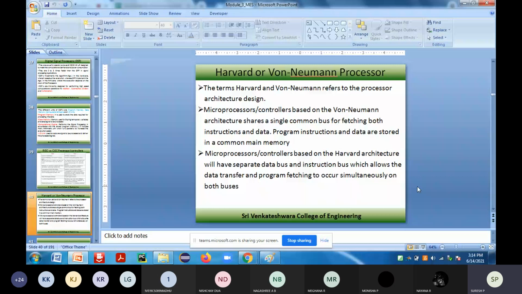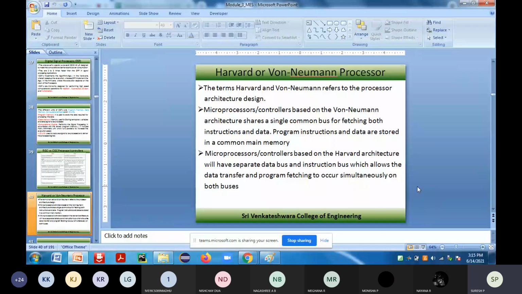Since it is using the common bus, the program instructions and data are stored in the same memory, the common memory. That's what the von Neumann architecture is all about.